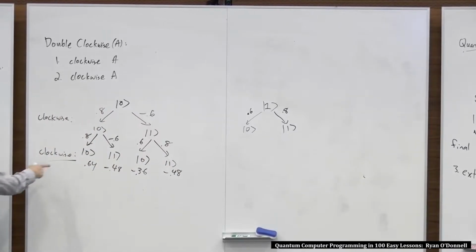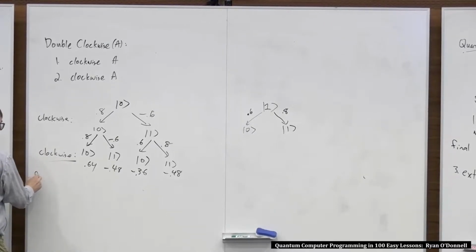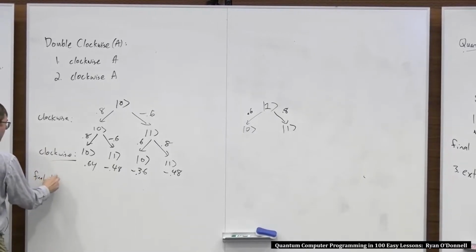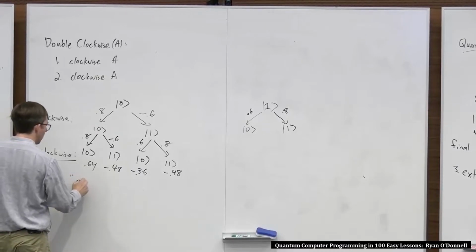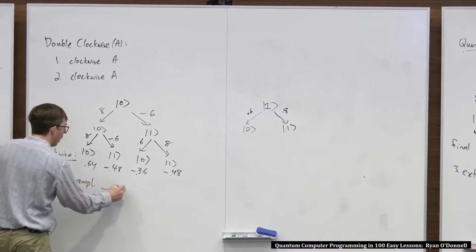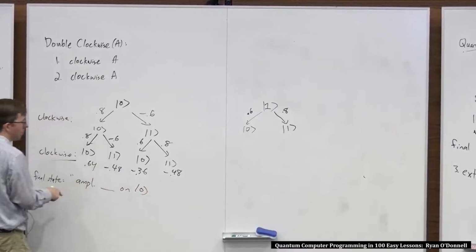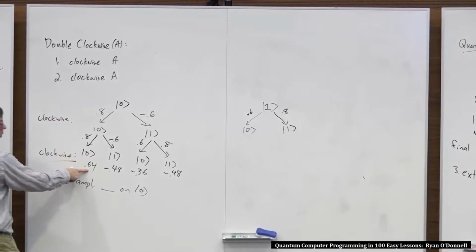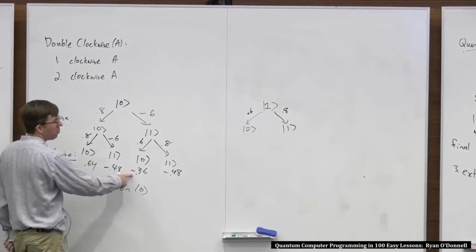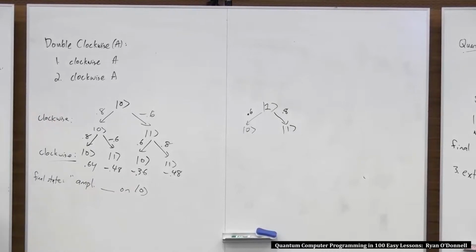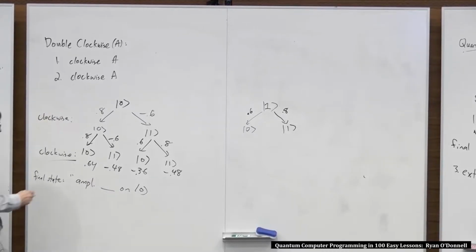And we're still not done because we have to do this collation. The final state has some amplitude on 0, and what is that? We get to 0 with amplitude 0.64 and also negative 0.36, so those add up to 0.28.